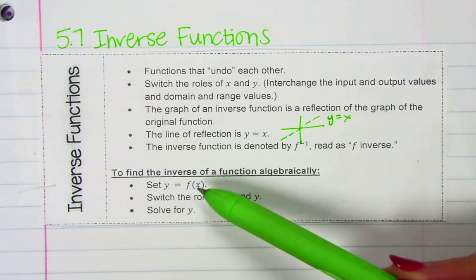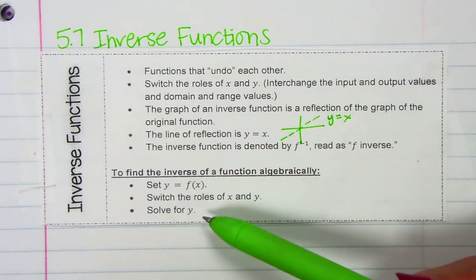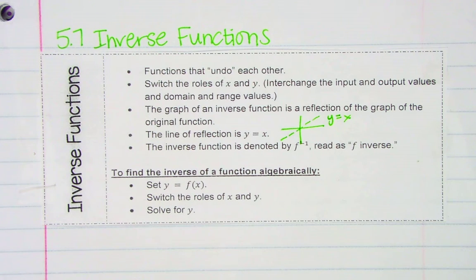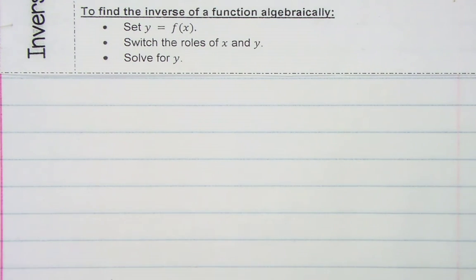First, you're going to change the f of x to y. That means the same thing. Then we're going to switch the x and y in the equation and solve for y again. It maybe sounds weird, but I'll show you how to do it. And we're going to graph a couple in our notes. You can always put these equations in y equals and look at the graph on your calculator, but we're going to have a few in the notes to see what they look like.